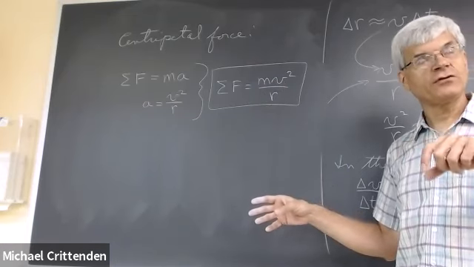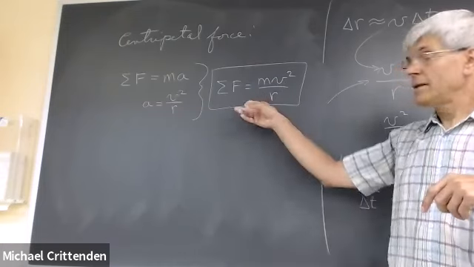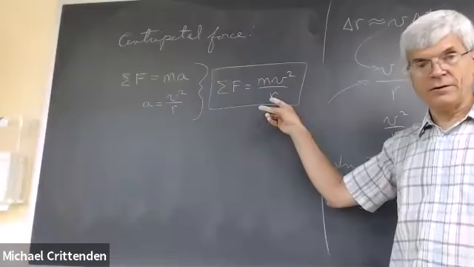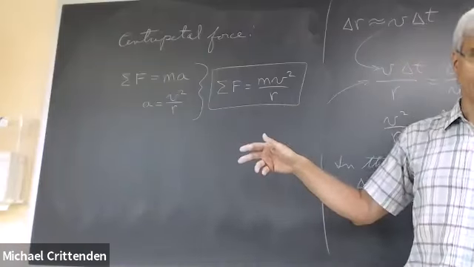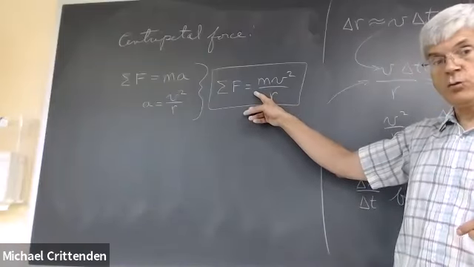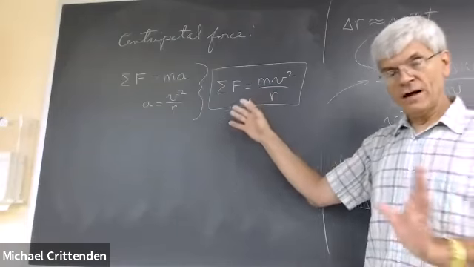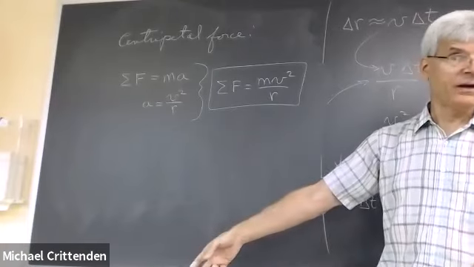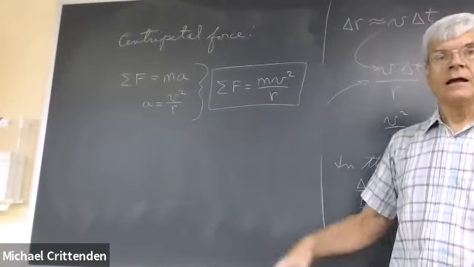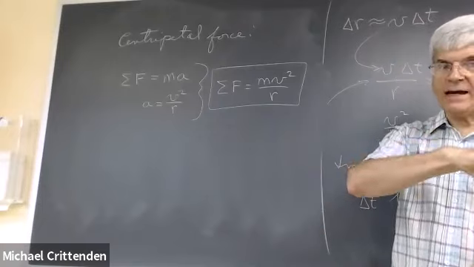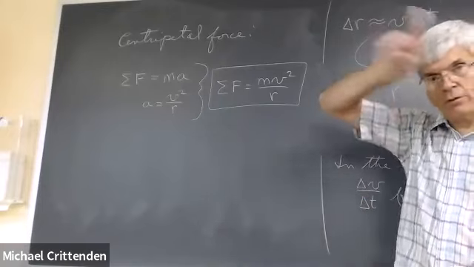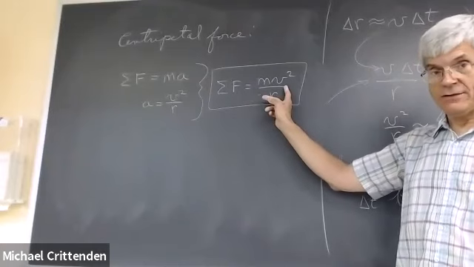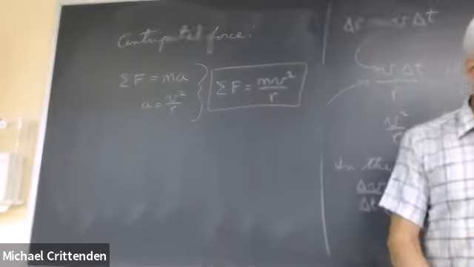But if there was a stronger force than this, you will move closer to the center. You'll cross through the other lane and end up in the other ditch. And if the force is weaker than this, you'll move outward away from the center of the curve and end up in the ditch on your side of the road. Okay? If you're going to follow a circular path and not spiral inward or spiral outward, the net force on you has to be equal to this.